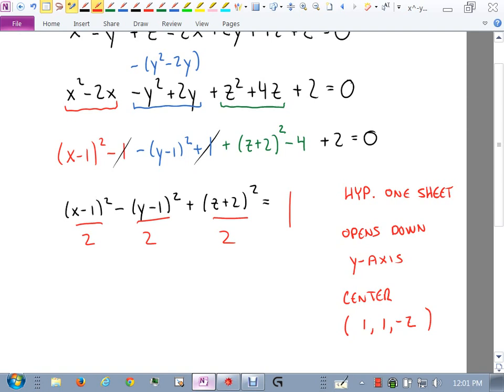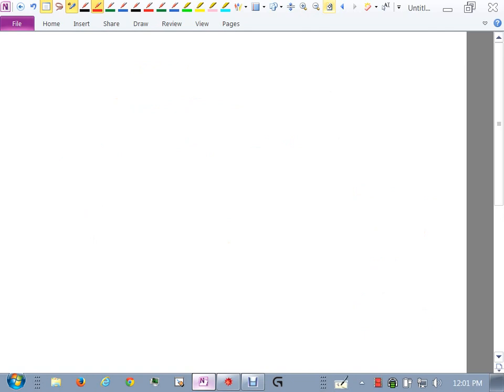Do you want to see how you would do traces? I'll show you briefly on an easier example than this, how you would do a trace, because I think it's a skill that you should see. Let's say I was trying to do x² + y² equals, well, let's do the cylinder.